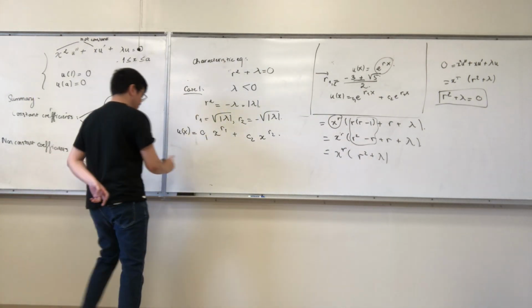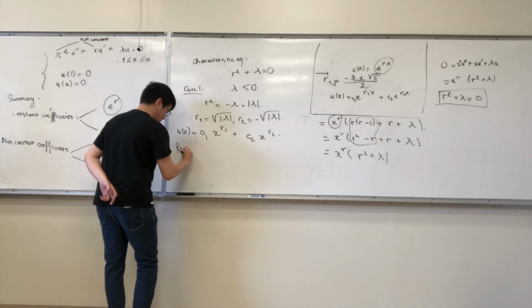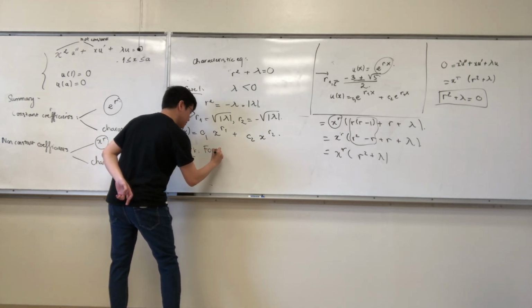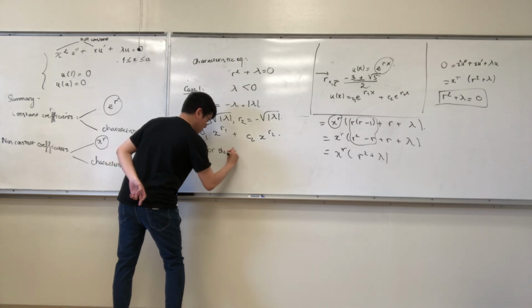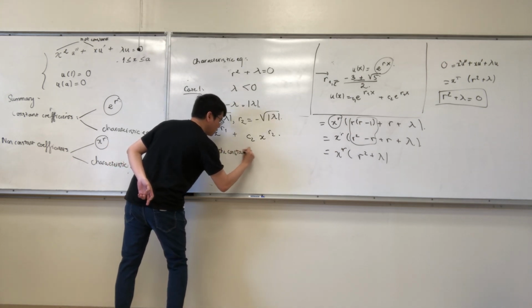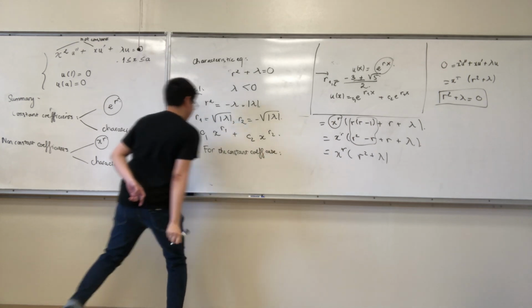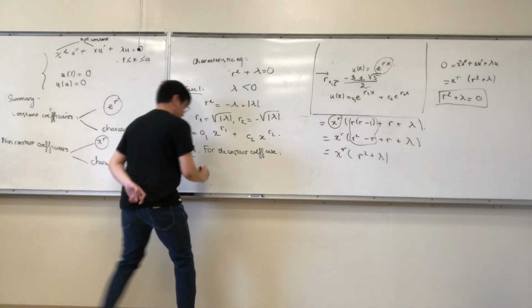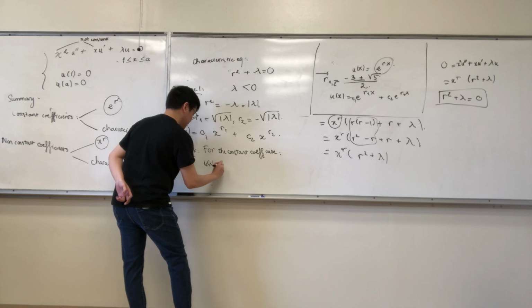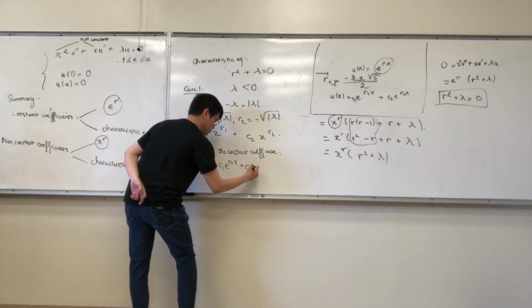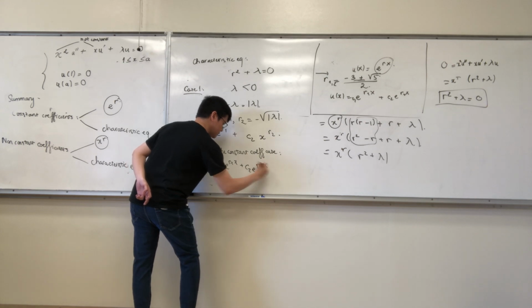For the remark, for the constant coefficient case, u(x) will be c1 e to the r1 x plus c2 e to the r2 x, right?